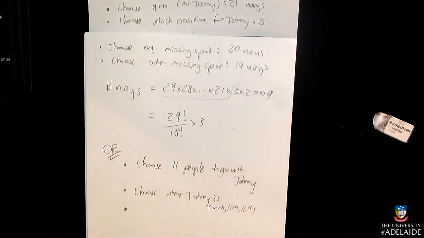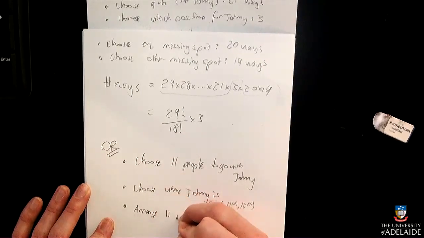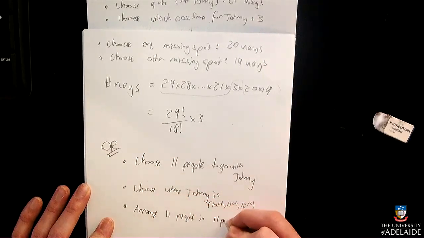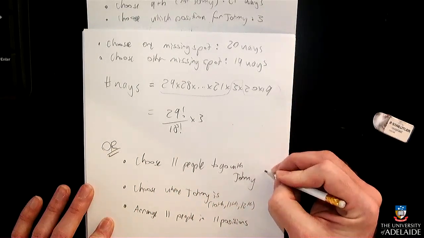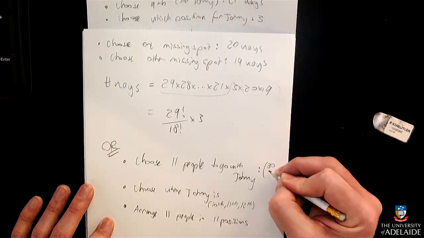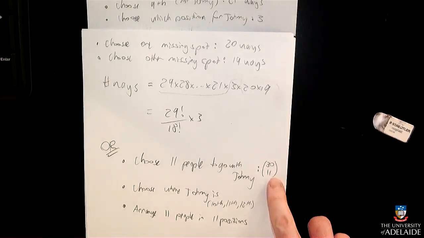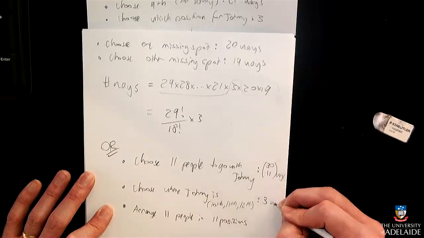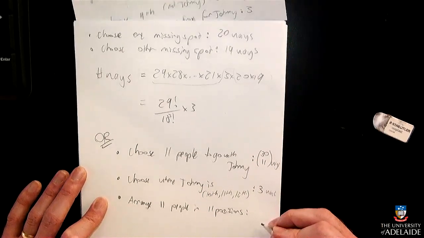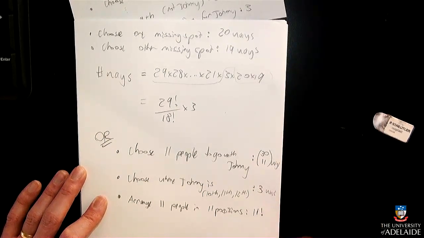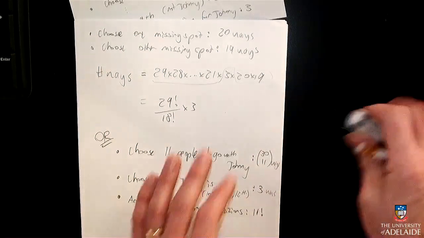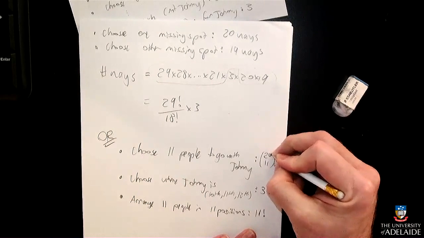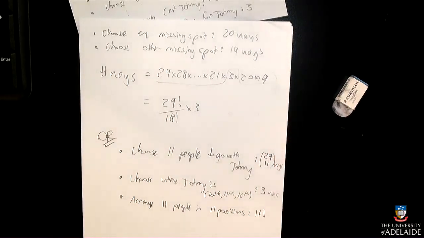And I could then just arrange everybody else in the remaining 11 positions. So the number of ways to do this is 30 choose 11. Is that how your lecturer writes choose? And the number of ways to do this is 3. And the number of ways to do this is 11 factorial. Not 30, there's only 29 because this isn't Johnny. Right, good. Allow me to choose Johnny in there.